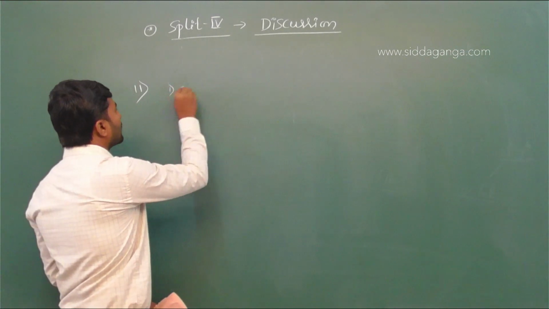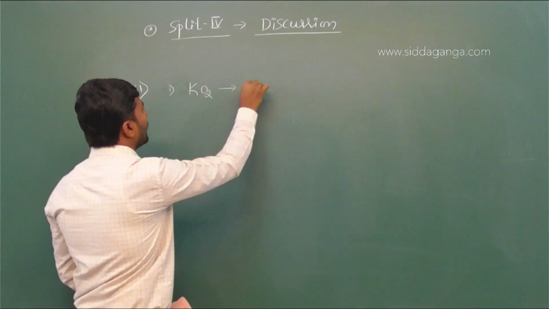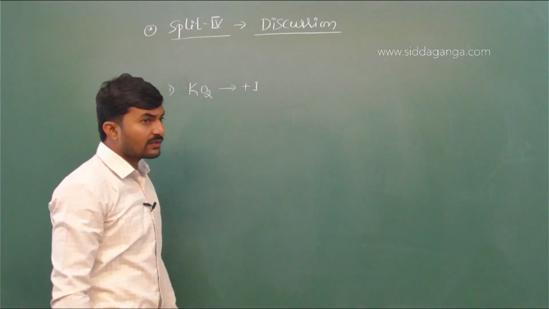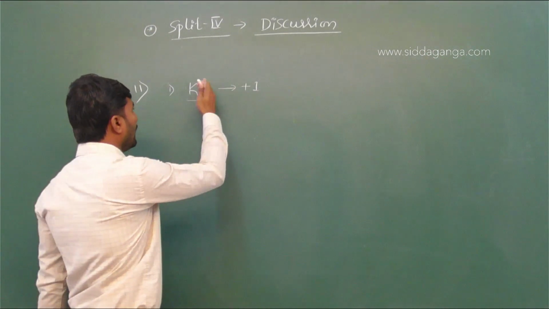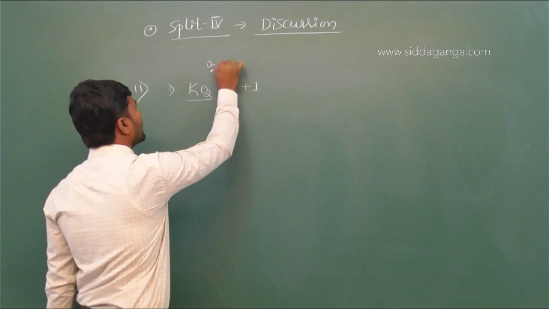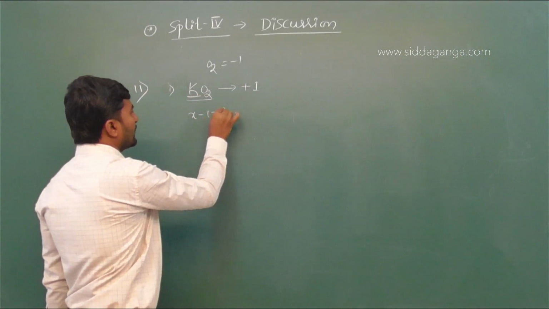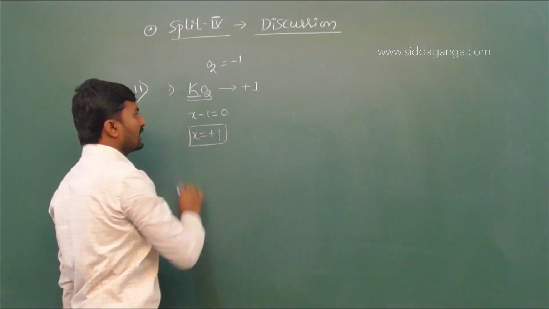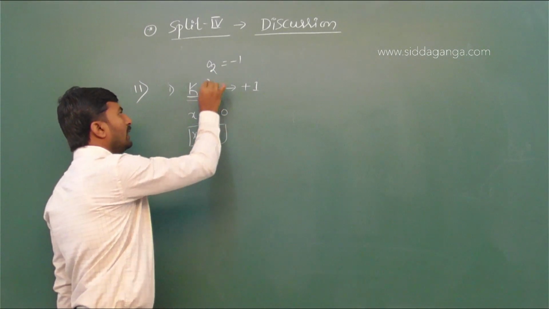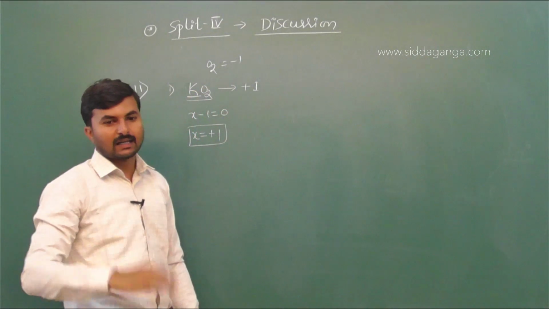That is a correct statement because it is a superoxide. Here O2 has a charge of minus 1, so x minus 1 equals 0 and x equals plus 1. That means the oxidation state of potassium in potassium superoxide is plus 1. That is the correct statement.